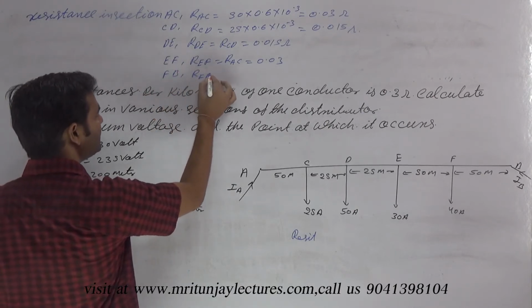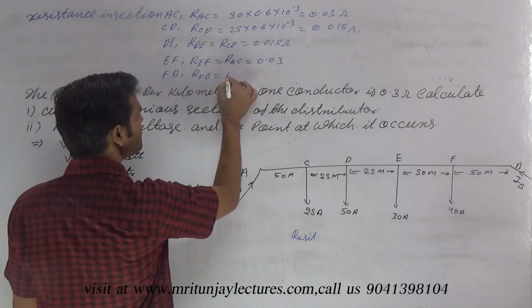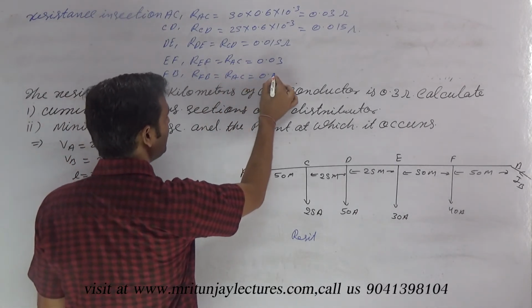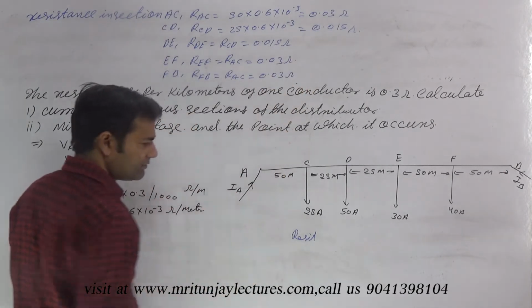R of FB is also the same as R of AC, that is 0.03 ohm. Clear?